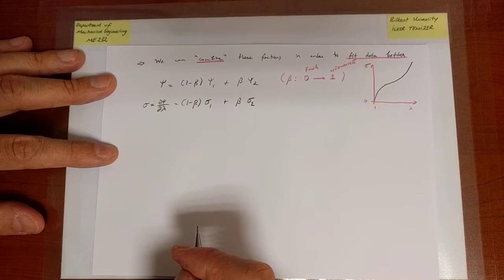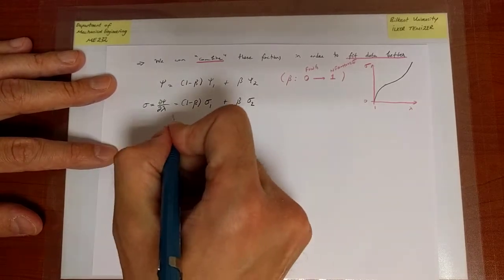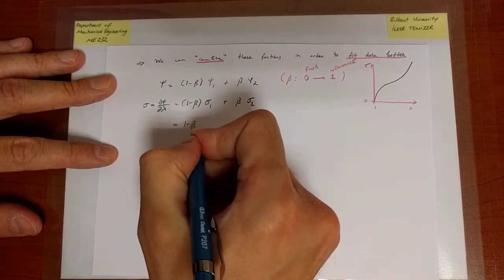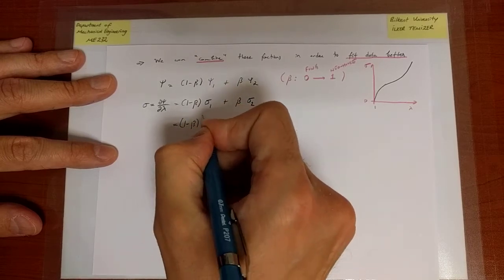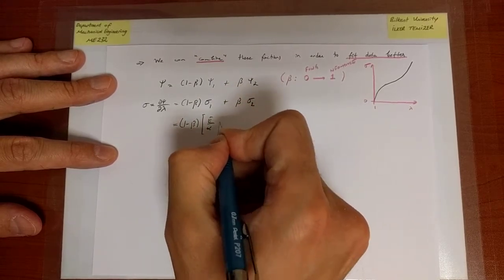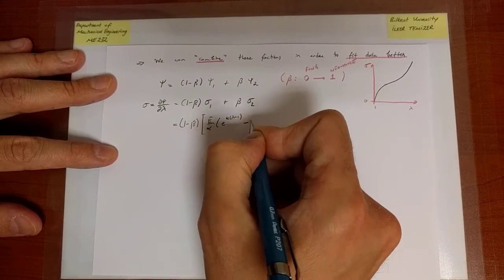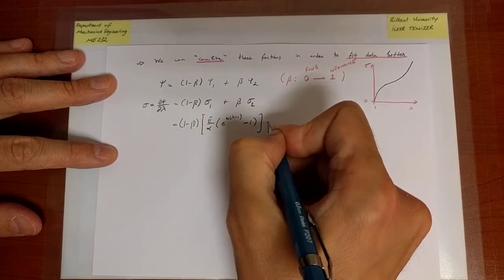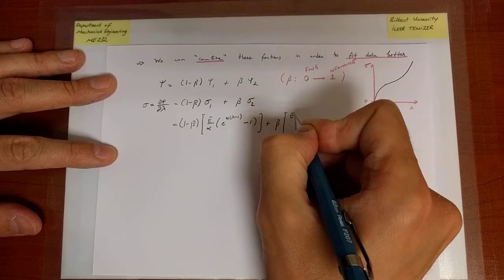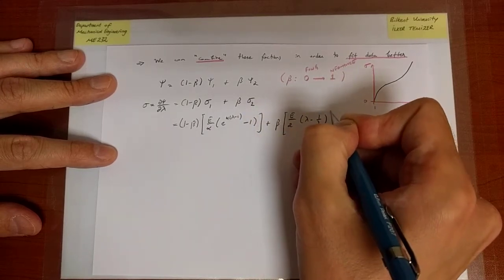I know what those functions are; I have already calculated them. Therefore, if I plug them in explicitly, I have a factor 1 minus beta multiplying the stress of the Fung model, which was E over alpha times e to the alpha lambda minus 1, plus beta times E over 2 times lambda minus 1 over lambda squared.